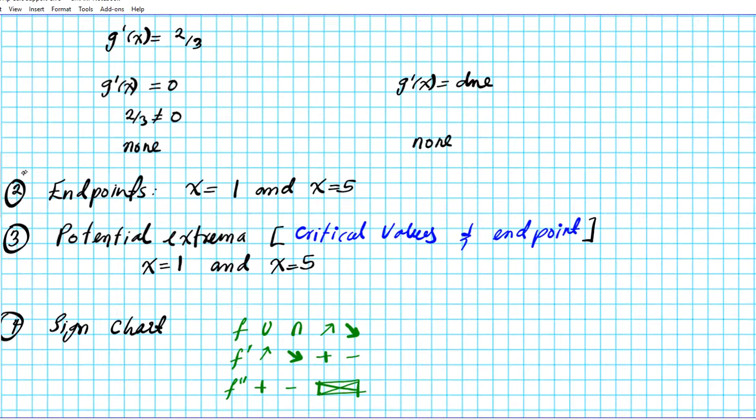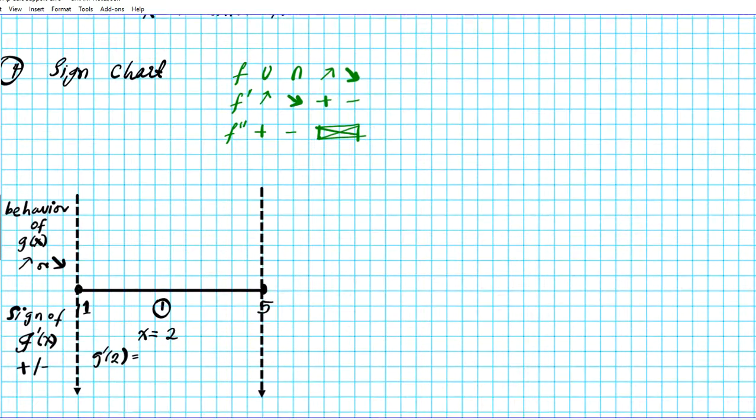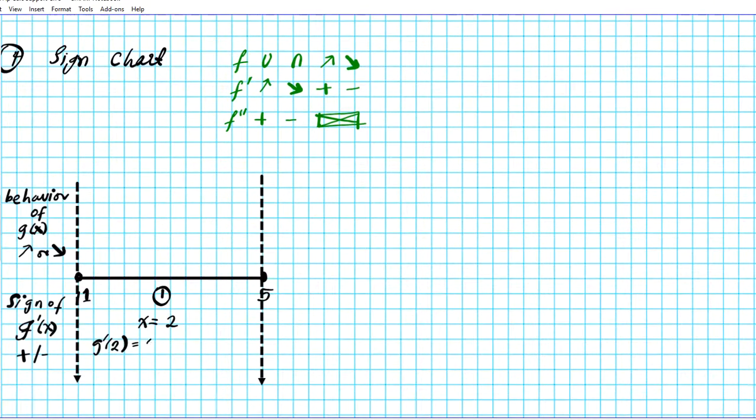So g prime of 2 is basically 2/3 evaluated at x equals 2. 2/3 is a constant, independent of x. g prime of 2 is going to be 2/3. What we care about is the sign. The sign is positive.